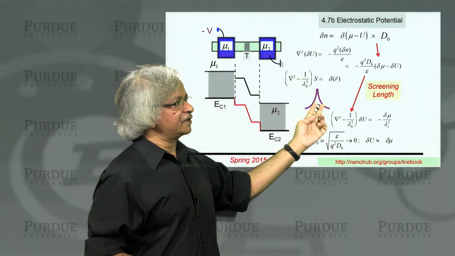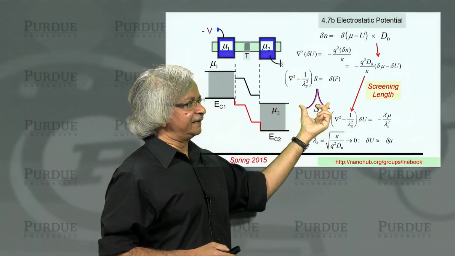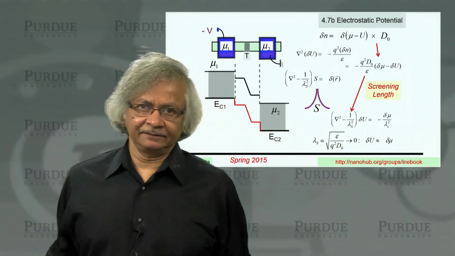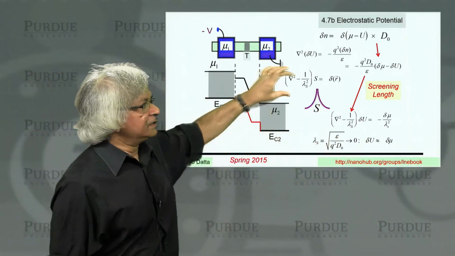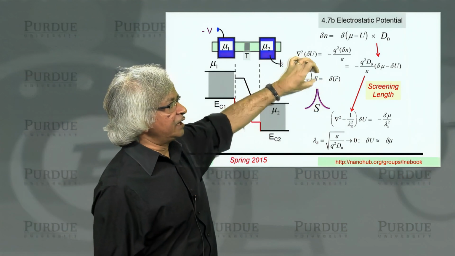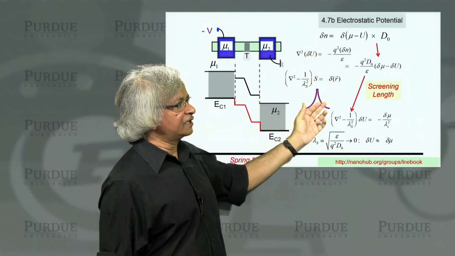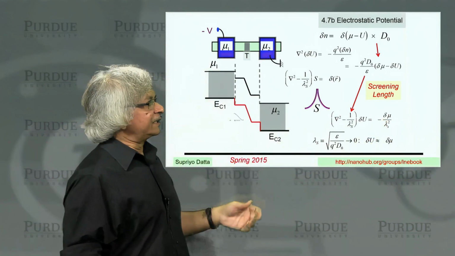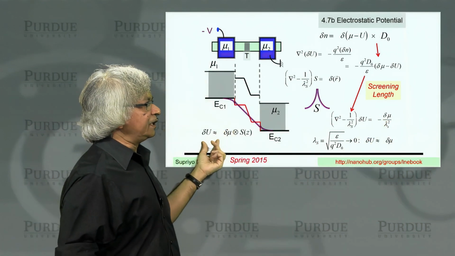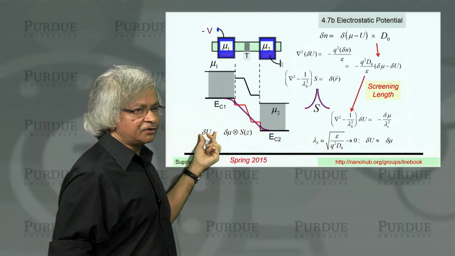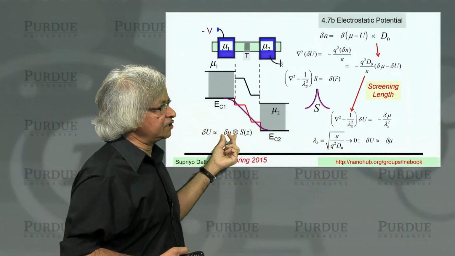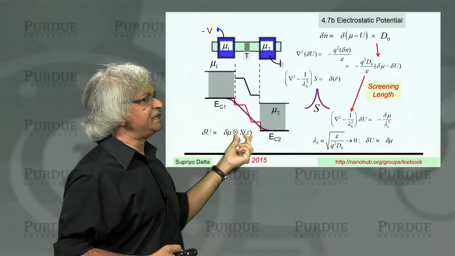And that screening function will look something like this, and its width is roughly the screening length. Now, this is the response to a delta function. So what is the actual response to a given delta mu? Well, it's like the convolution. So the change in electrostatic potential is like the change in the electrochemical potential convolved with this screening function.